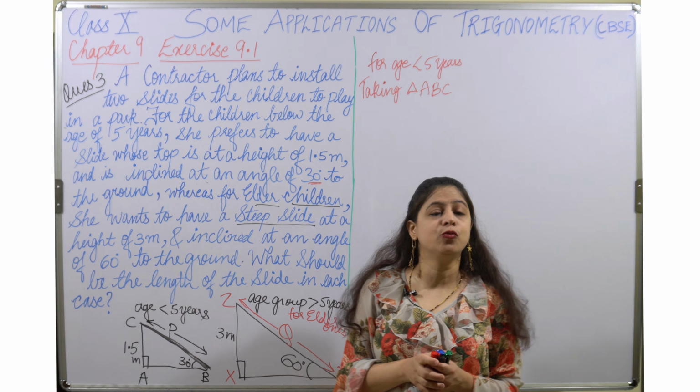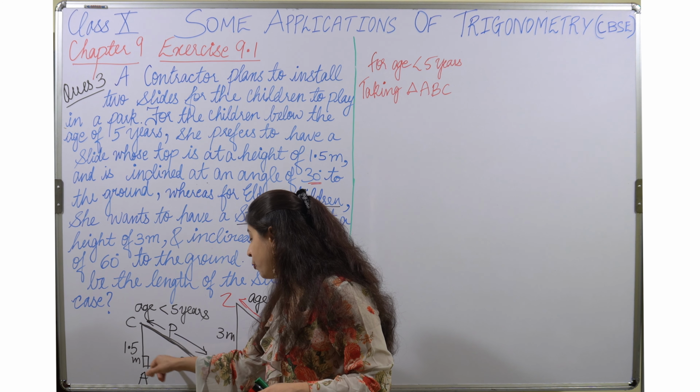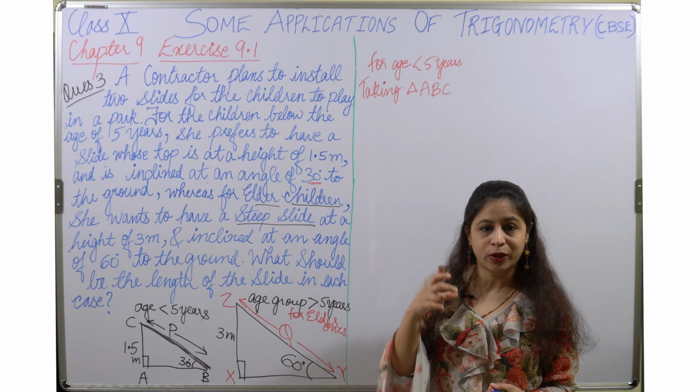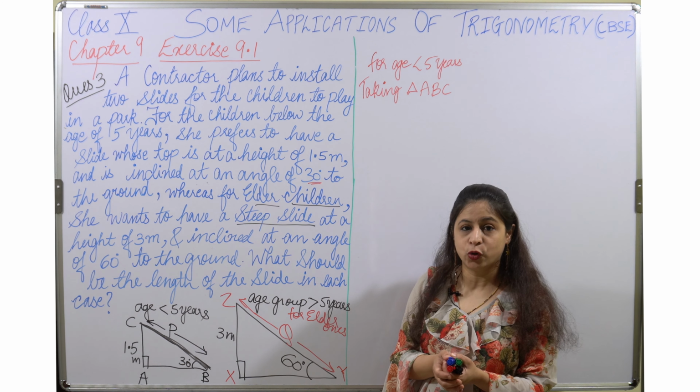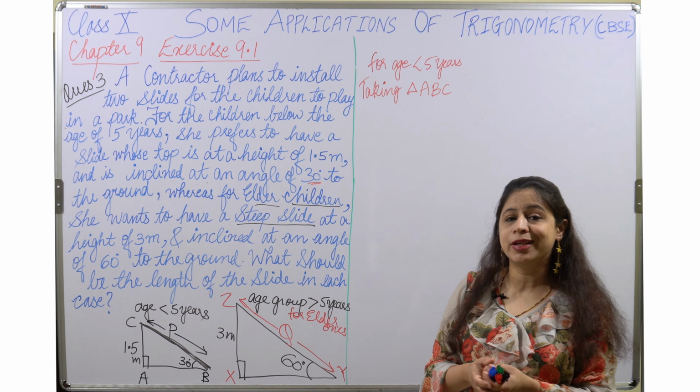So opposite to 90 degrees is always hypotenuse, and the side opposite to 30 degrees is said to be the perpendicular. Okay, so from here I am getting the value of sine theta. Sine theta will be equal to perpendicular upon hypotenuse, and theta over here is 30 degrees.